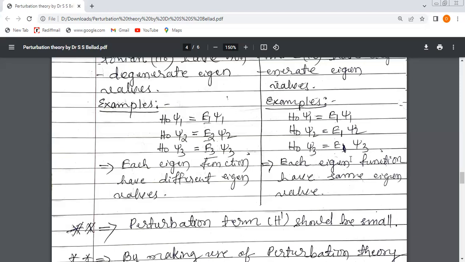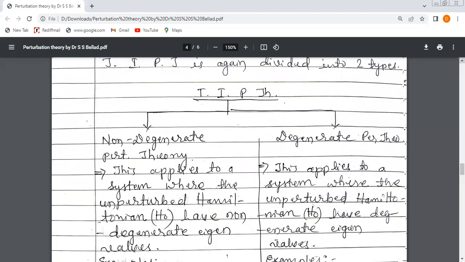And hence we come across these two kinds of time independent perturbation theories. One is non-degenerate perturbation theory, where the unperturbed Hamiltonian H0 has non-degenerate eigenvalues, that means different eigenfunctions have different eigenvalues.